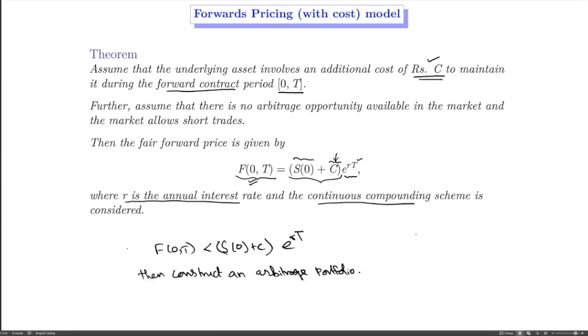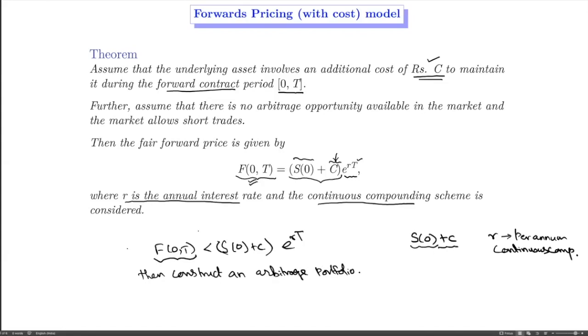You can borrow now the money S of 0 plus C with the continuous compounding interest rate R per annum, and at the same time you buy the underlying asset from the spot market and also issue a short forward contract for the strike price F of 0 comma T. If you recall, the same strategy we have adopted. The only thing is it was S of 0 in our theorem previously. Now it will include the maintenance cost also.